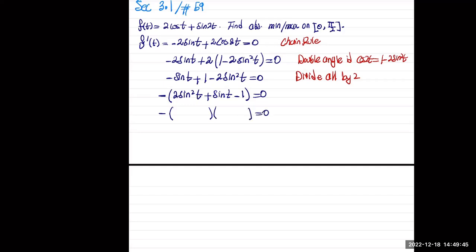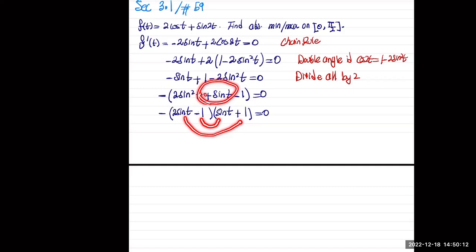To get the 2 sine squared t, we need a 2 sine t and a sine t. To get negative 1, we need negative 1 and positive 1. Hopefully this factorization works. Multiply the outer terms, you get 2 sine t. The inner terms, minus sine t, that gives you sine t.